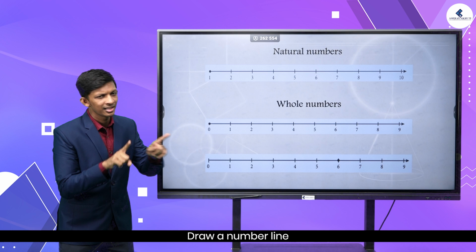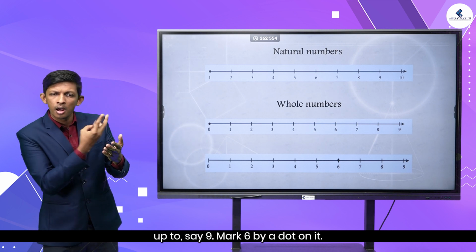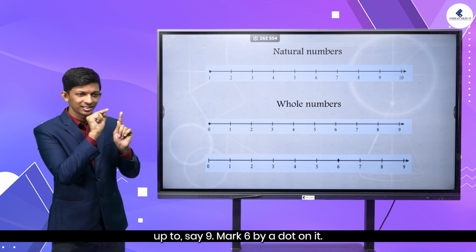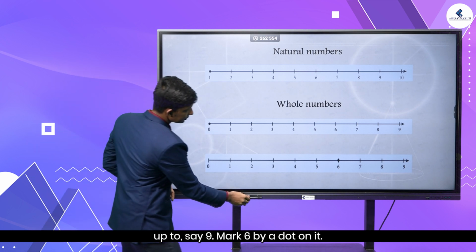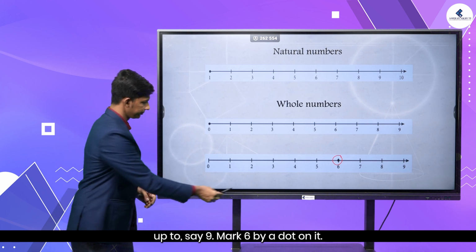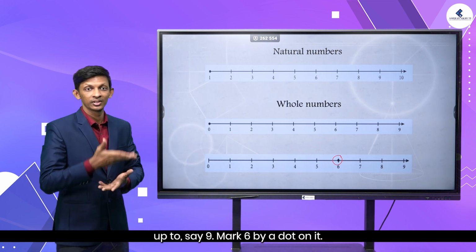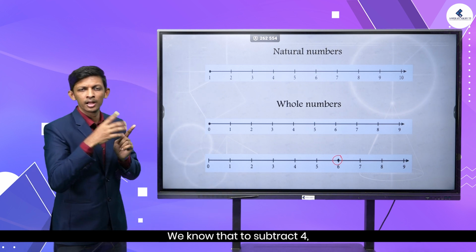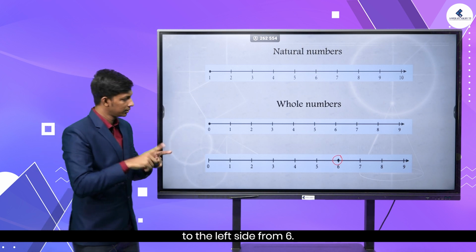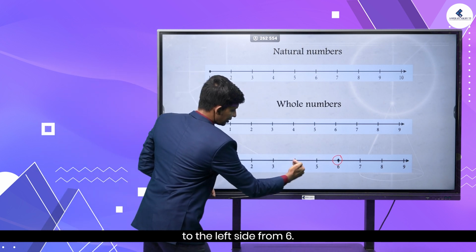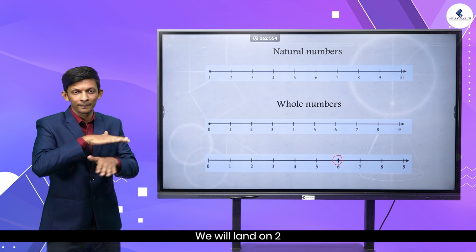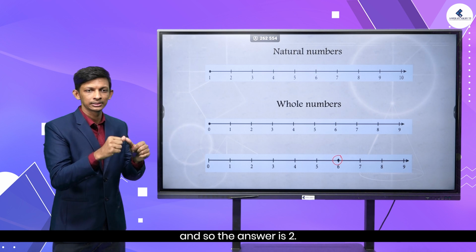Draw a number line up to say 9, mark 6 by a dot on it. We know that to subtract 4, we need to go 4 steps to the left side from 6. We will land on 2, and so the answer is 2.